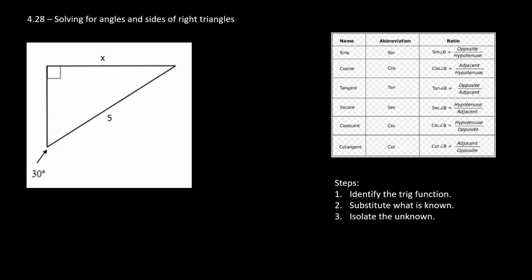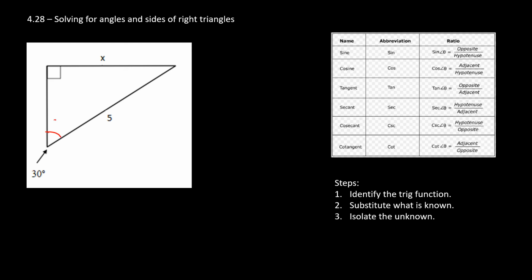Got a few more problems. Oh, look at this triangle here. I love these types of problems, as it's the exact same thing we've been doing, except you have to change your mindset about where these sides are. So let's do this problem together. We're going to go through the same steps, nothing changes. Let's identify our trig function.